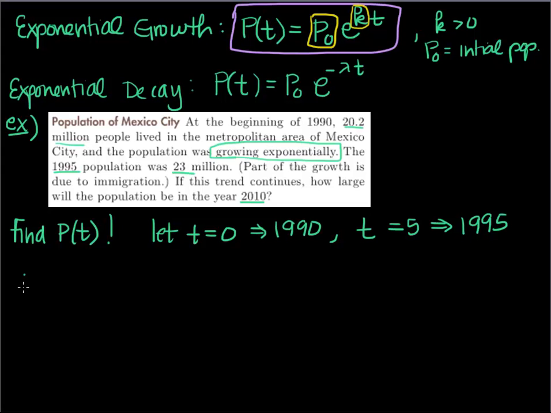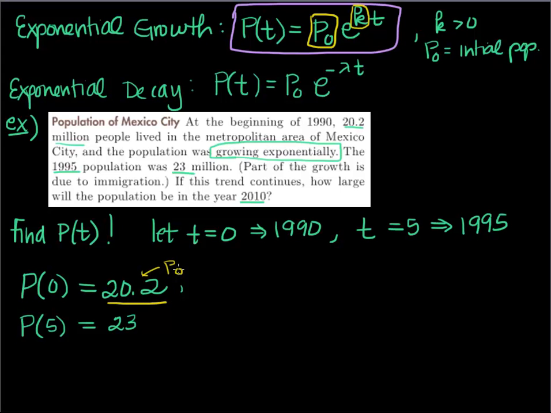Okay, so here's what I know. I know a couple of things. If I evaluate my population at time 0, this is going to be 20.2, and let's remember it's in millions. And also I know that P of 5 equals 23 million. Now this is good, because that means this number right here is P naught, our initial population.